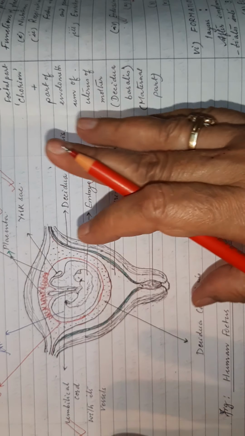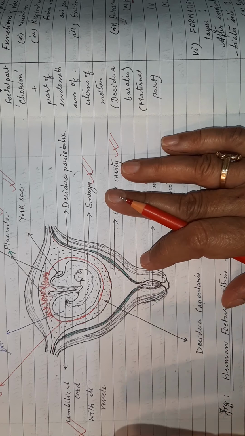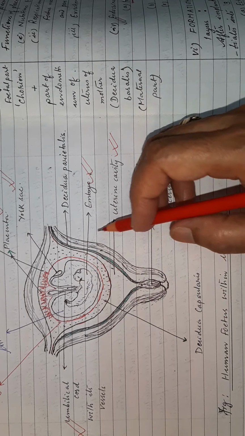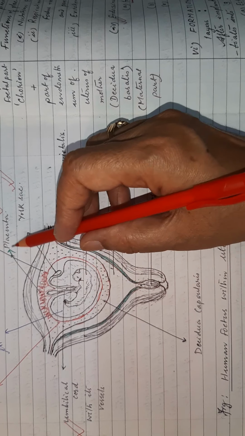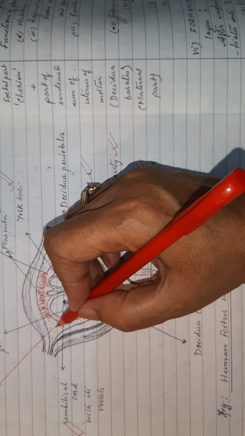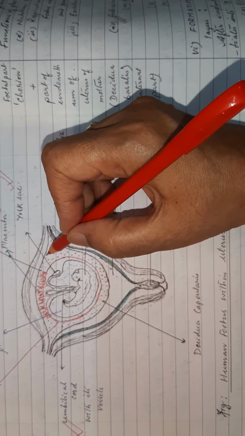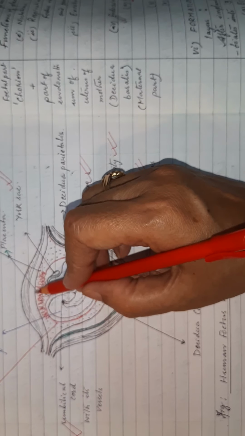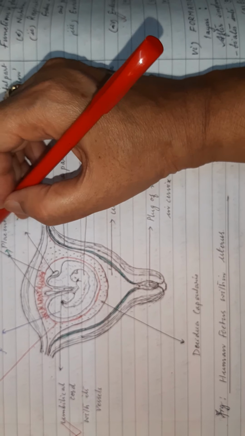Implantation will occur on the endometrium, but it's not necessarily here or here, anywhere. This is the placenta, and this is the endometrium, which forms a covering around the blastocyst. This part is known as decidua basalis.